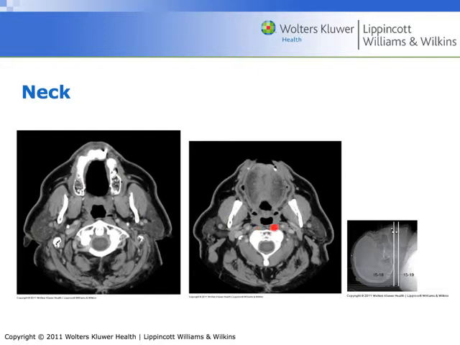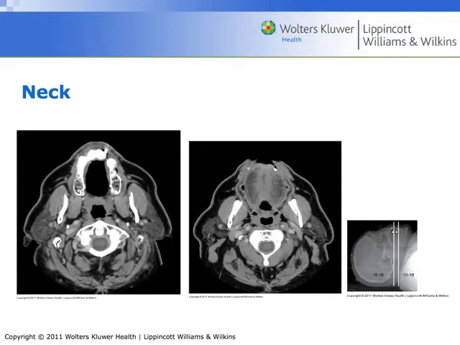These gray spots here anterior to the vertebral body are the longus colli muscles. Okay? These muscles here are the rectus capitis muscles. Okay.